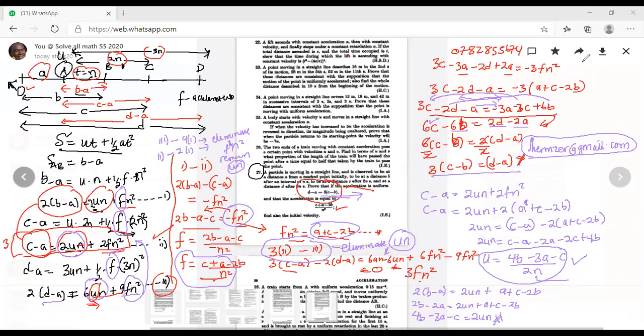Show us that d minus a is equal to 3 into c minus b. After that, the acceleration, we know it's uniform, but we don't know its value, and prove to us that the acceleration is c plus a minus 2b over n squared.